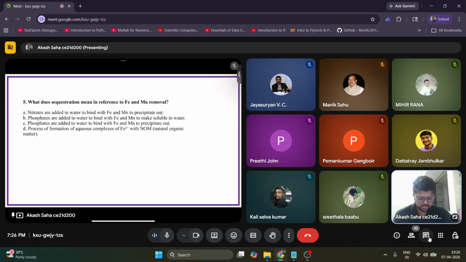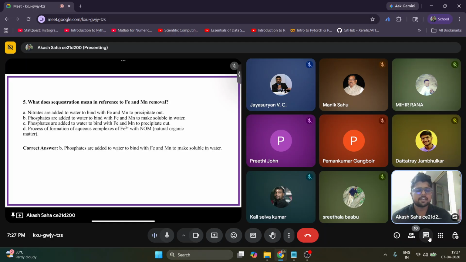They do this to make it non-reactive, so that it is stabilized and stays soluble and doesn't precipitate out of the system. That is known as sequestration, not precipitation. So option B is the correct answer here.